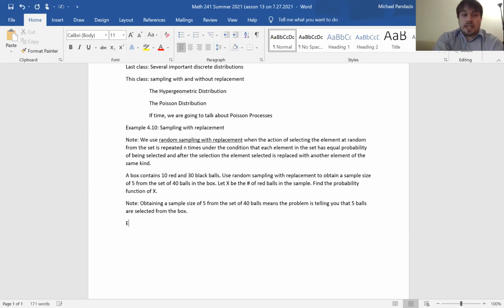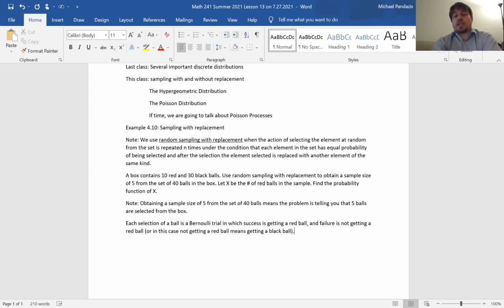Each selection of a ball is a Bernoulli trial in which success is getting a red ball and failure is not getting a red ball, which in this case means getting a black ball.